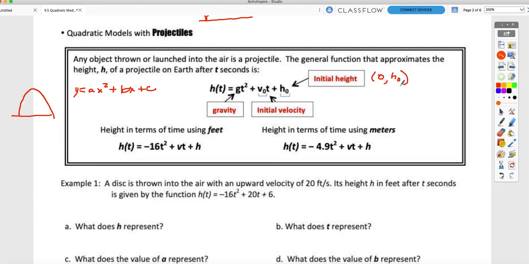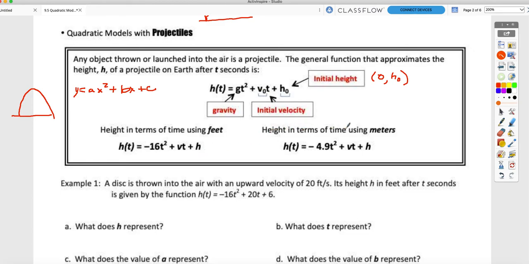That's the initial value. All right, now, there are very specific numbers that work because gravity is pretty much the same. It's a constant. So if we are talking about the height that we are tracking, and if it is in feet, then our gravity is going to be negative 16. We're going to be given a velocity and we're going to be given a height for initial value.